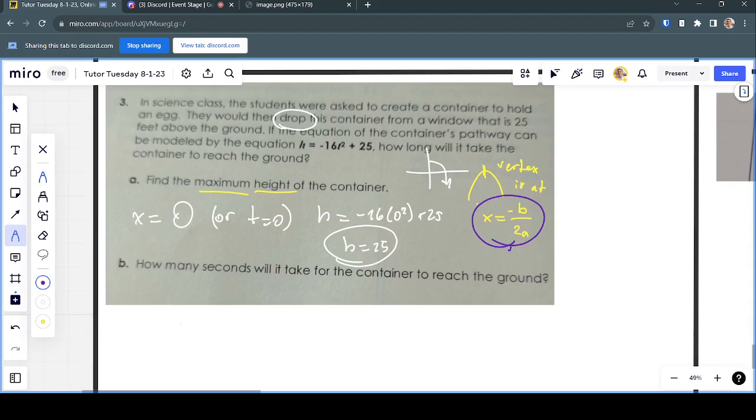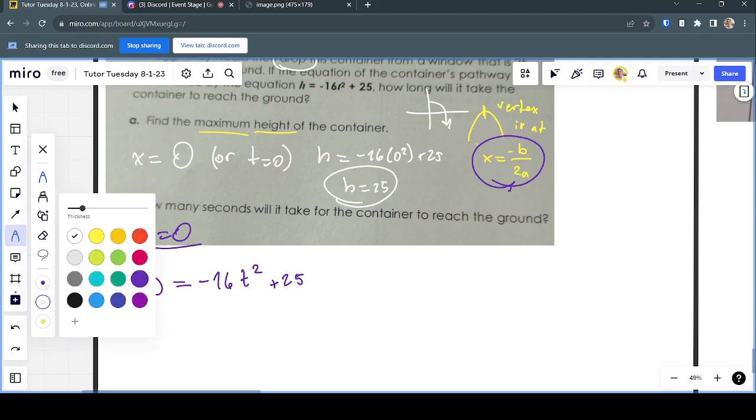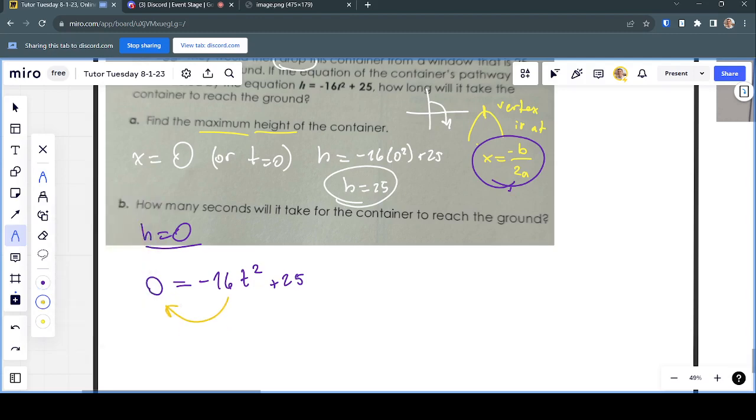And how many seconds would it take for the container to reach the ground? That one we can actually solve when h is equal to 0. H equal to 0 means that 0 is equal to negative 16t squared plus 25. That becomes pretty simple because there's no b term, which means we can just move the negative 16t squared onto the other side, giving us 16t squared is equal to 25.